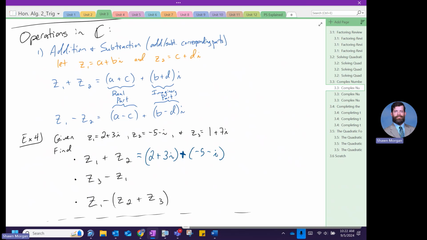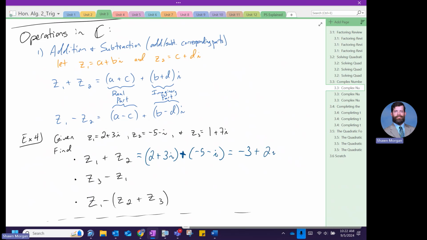Henry, add the real parts. What do you get? Very nice. Fredo, add the imaginary parts. What do you get? This and this. What's 3i minus 1i? Bingo. And it feels so weird, doesn't it?